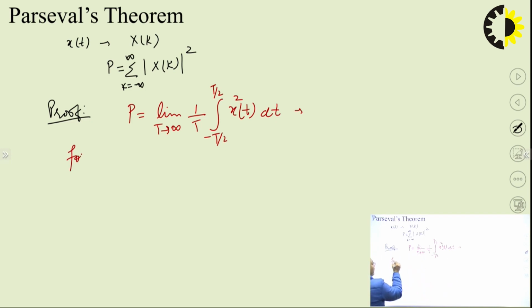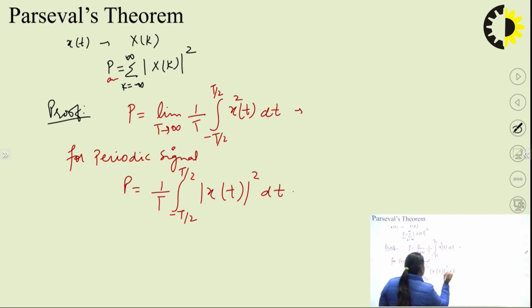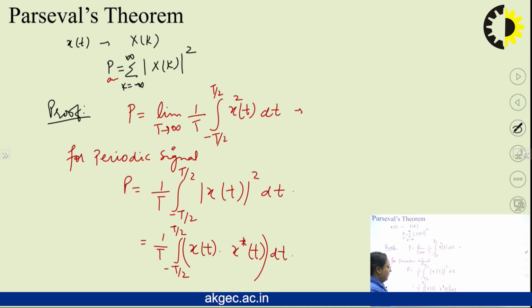For a periodic signal, this is the average power, given by 1 by T integral from minus T by 2 to T by 2 of mod x(t) whole square dt. This can be written as 1 by T integral of x(t) into x*(t), the complex conjugate of x(t).